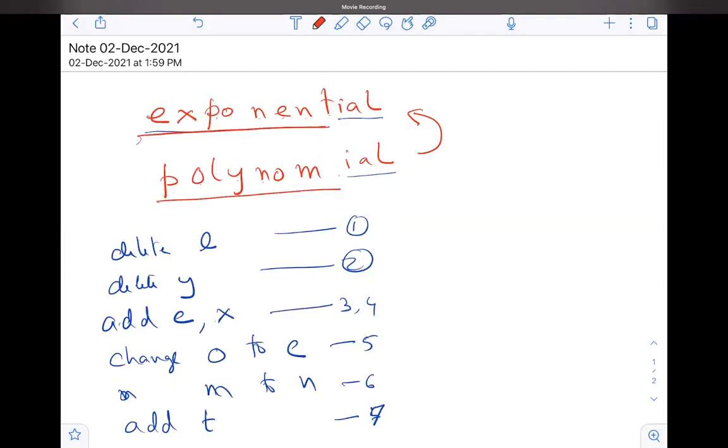Or maybe even simpler, I could have just changed each of them.